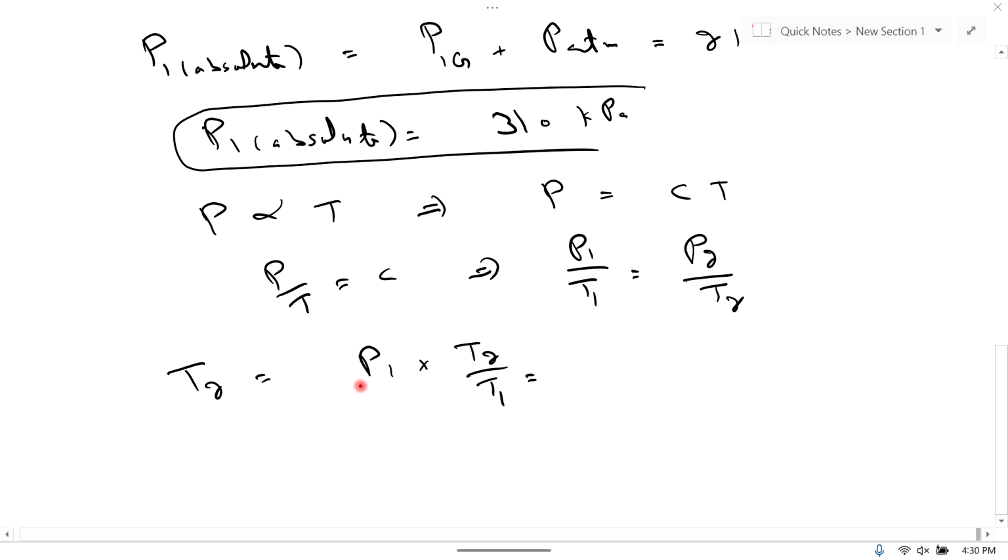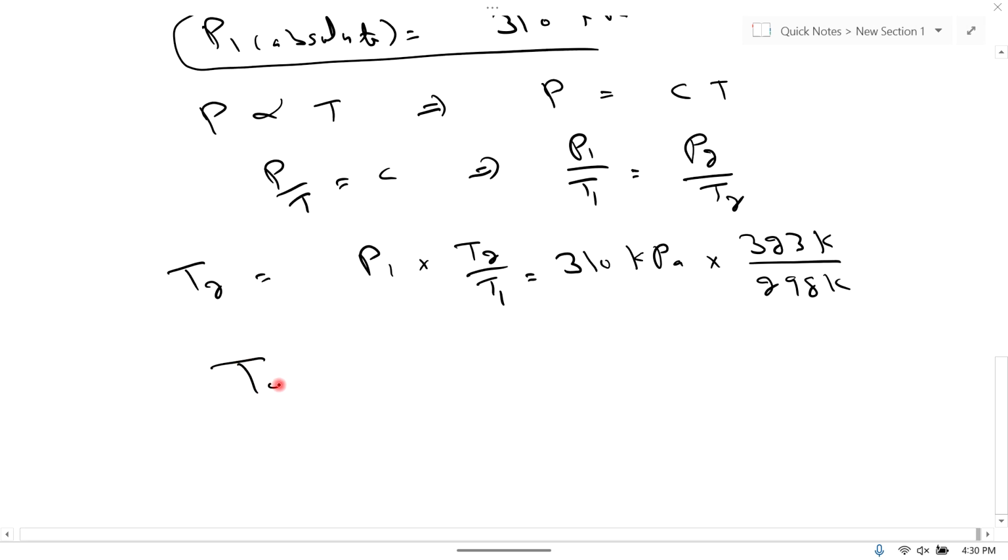P1 is the absolute pressure, 310 kilopascal, multiplied by T2, 323 Kelvin, divided by T1, 298 Kelvin. The Kelvin cancels and the unit will be kilopascal.